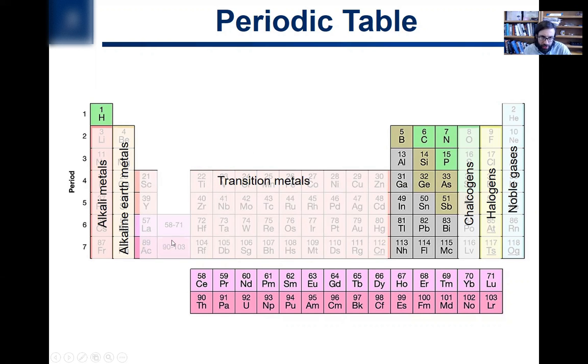All these metals in the center here are called transition metals. Sometimes we will talk about the early transition metals. It just kind of means the first half of these on the left-hand side versus the late transition metals on the right side. And then we have what I'm just calling other P block elements. Sometimes people just call this the boron group or the carbon group or the nitrogen group.